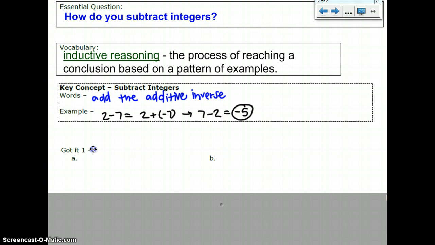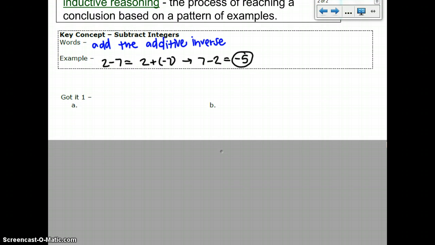Okay, looking at our Got It 1, we just need to find the difference of the four examples that are here. If you would look in your book, Got It 1A, our example is 4 minus 15.